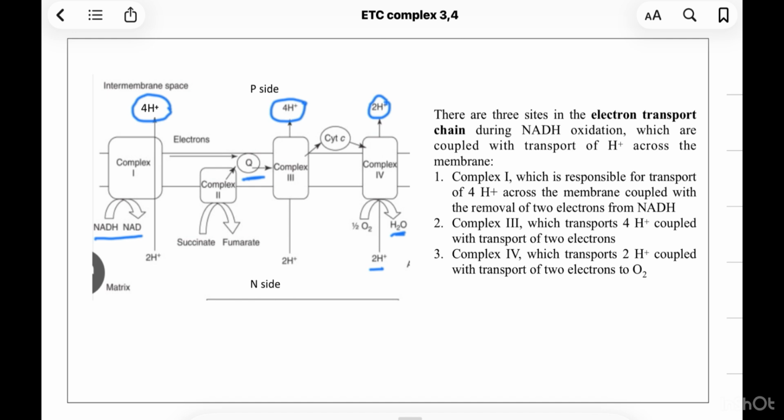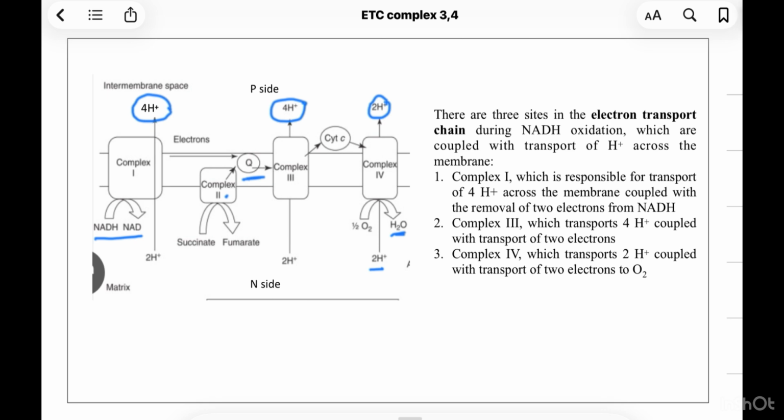There is no proton pump activity by complex 2. So this is how the proton gradient is built up across the inner mitochondrial membrane.